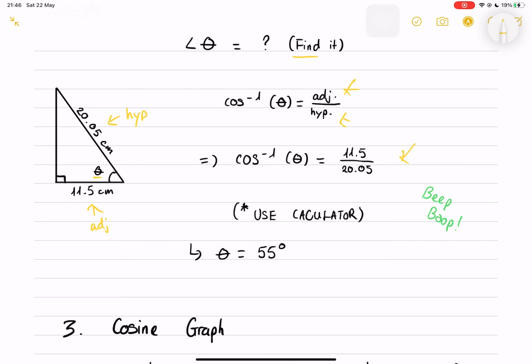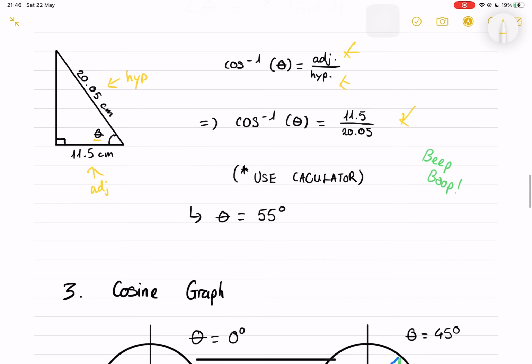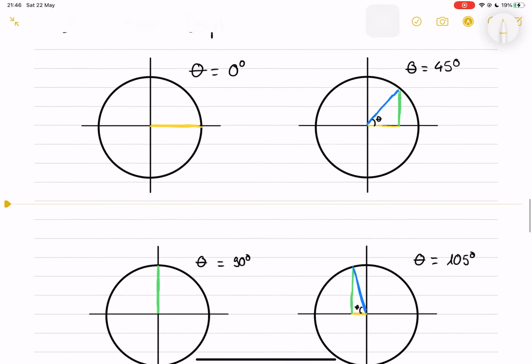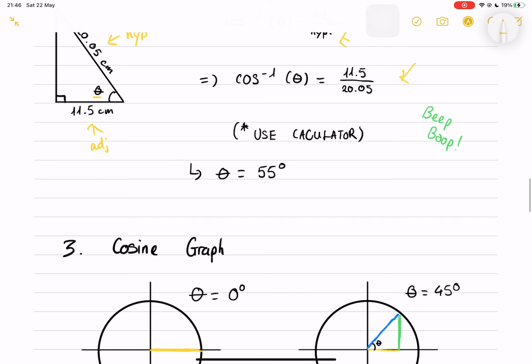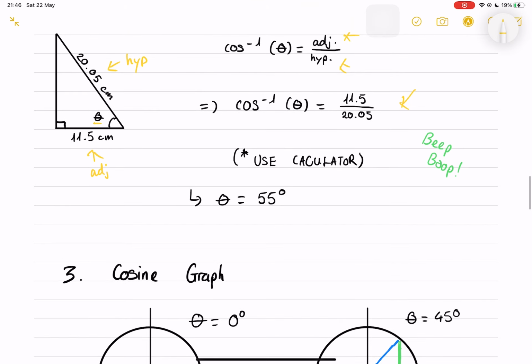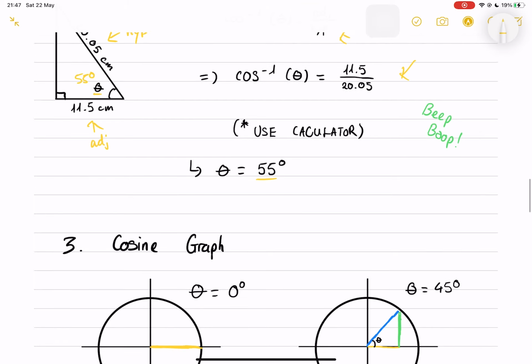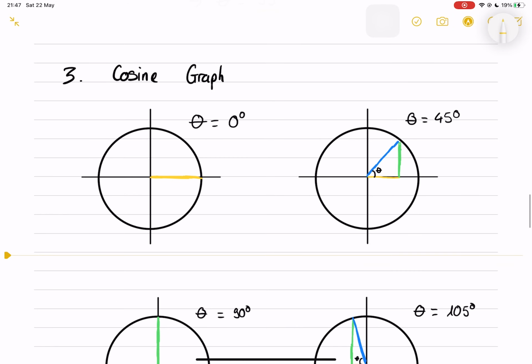We use the calculator once more. Just plug in the numbers, it's easy. If you don't have a calculator, you can ask a friend or something. If we plug in the numbers, we get 55 degrees, which is right. Believe me, I calculated.